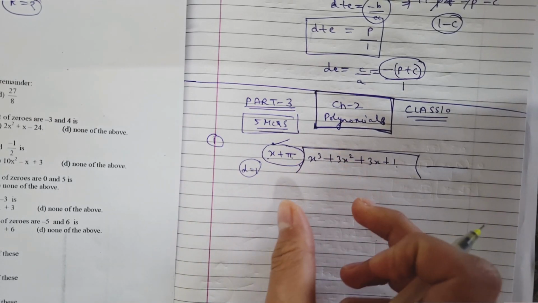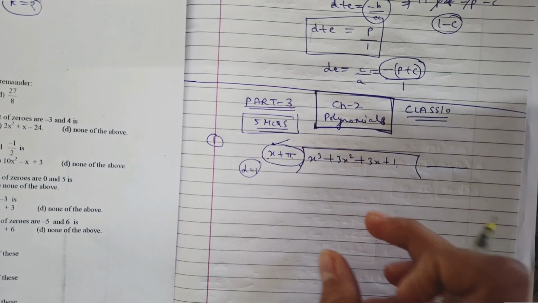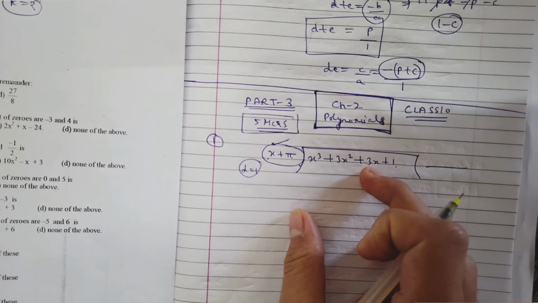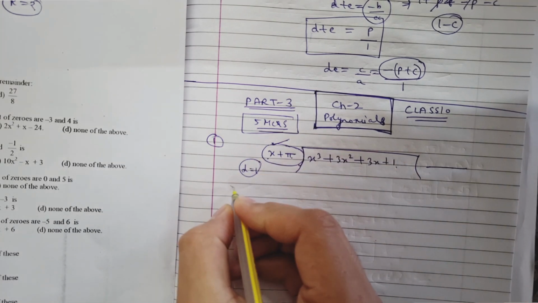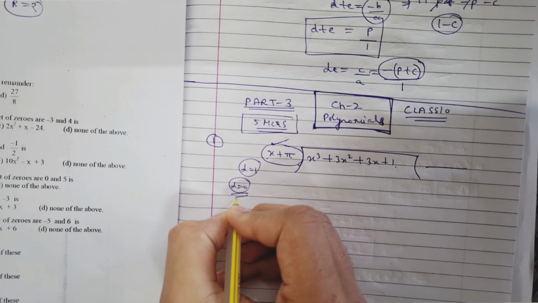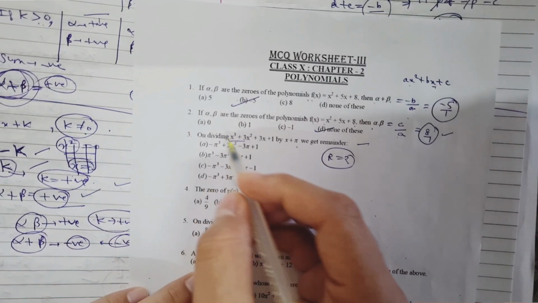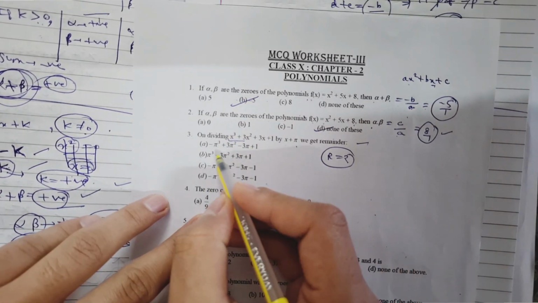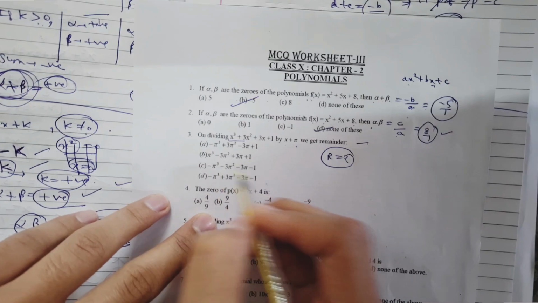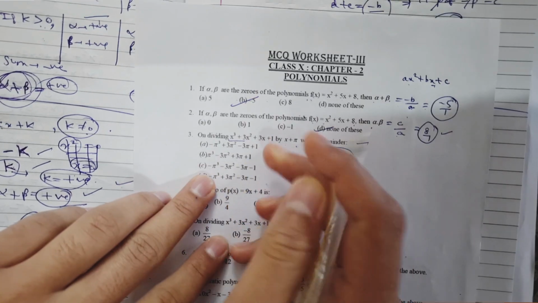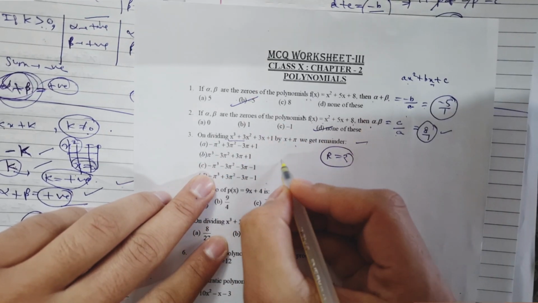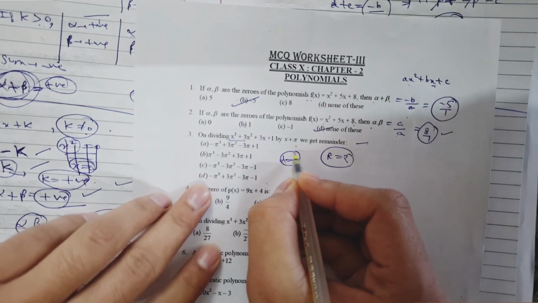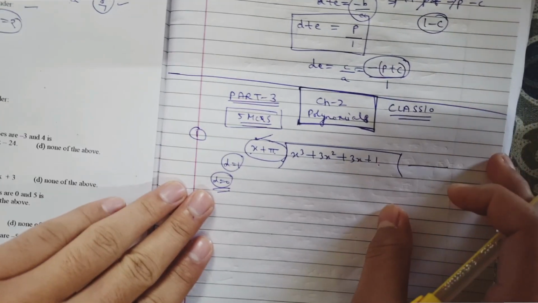So it is already known that the remainder coming out after solving this has degree 0. You can also check your answers because these are remainders and there is no x term; all 4 options have degree 0. Okay, let's start dividing this.